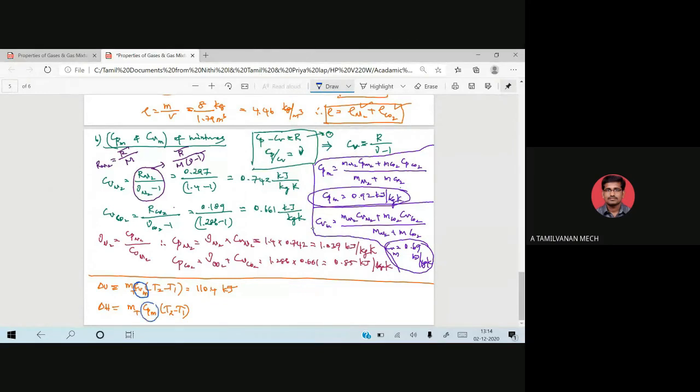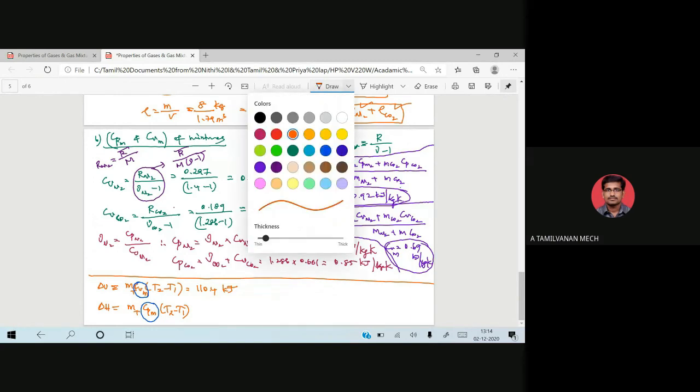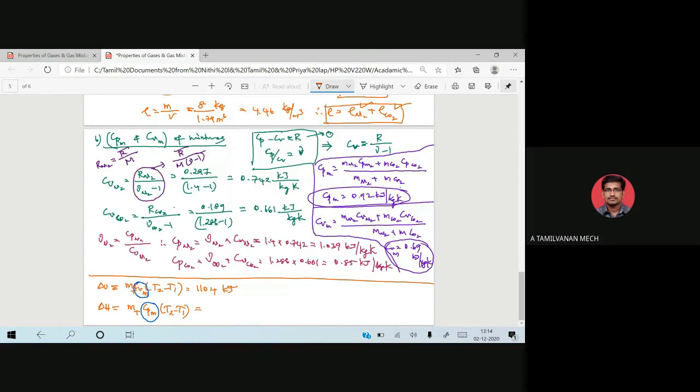These are the two significant factors. If you make any mistake in them, the entire problem goes wrong. So m Cp dT, after substituting the appropriate values, gives delta H equal to 147 something kilojoule.